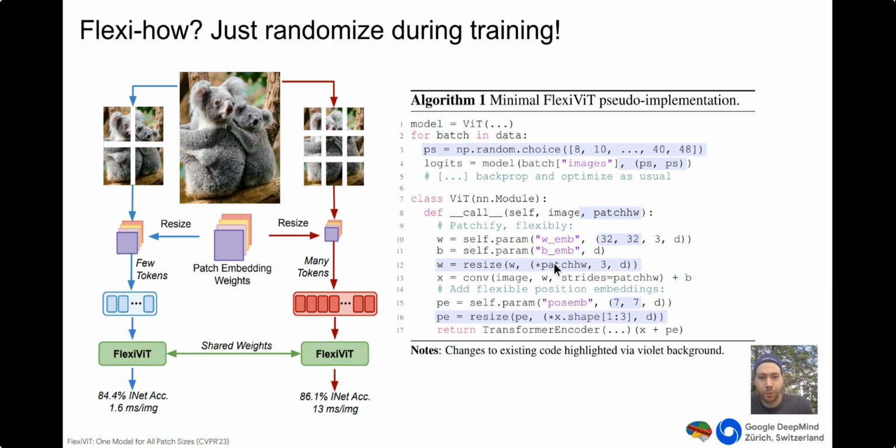Then we resize them to 8 by 8 and use these resized patch embedding weights in order to embed the patches. And we backprop through this resize. Same story for the position embeddings, and that's the only change that is needed during training. And the result is FlexiViT, which handles all kinds of patch sizes that it sees during training.